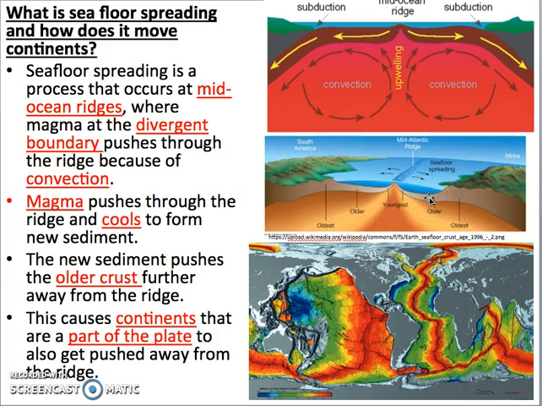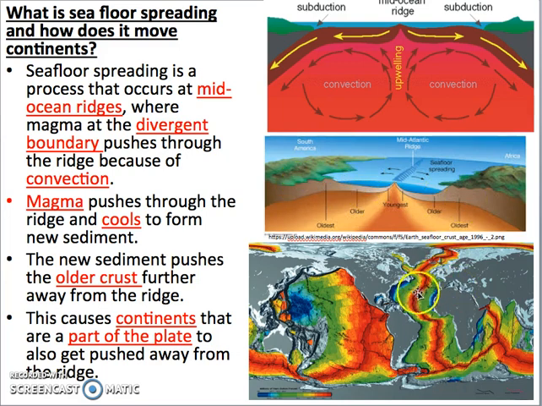And this is called seafloor spreading, and this is what's causing some continents to spread apart from each other, because as the magma pushes the crust out opposite from each other, it actually pushes away the continental crust that's sitting alongside this ridge.